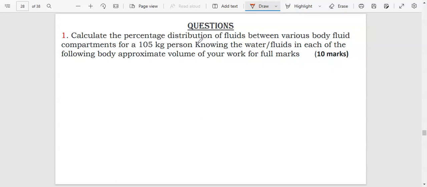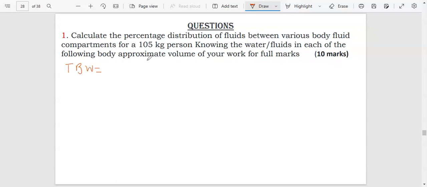Now we've not been told the gender, so we are going to use a male. Knowing that the fluid in each compartment is distributed as we know, we need to know this percentage is for ICF, and this percentage is for ECF. You need to show all your working to earn full marks. Starting, we first calculate the total body water.